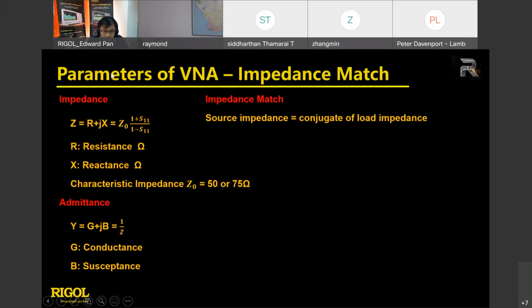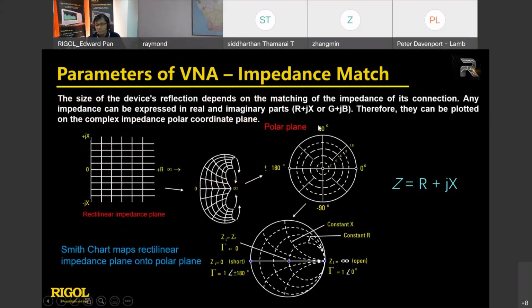If you want to use impedance, that is for a series circuit. If you get the impedance match, the source impedance equals the conjugate of the load impedance. If you want more knowledge, you can refer to a microwave engineering textbook on the market.